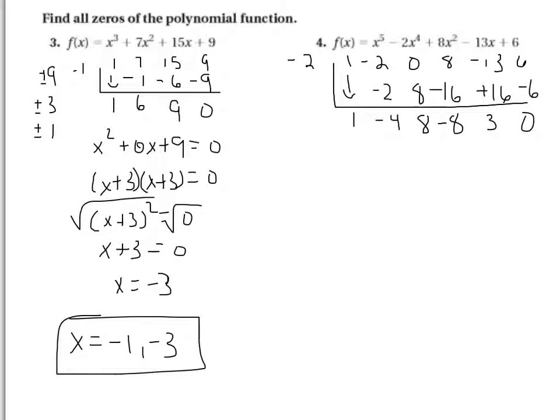So now I have x to the fourth minus 4x to the third plus 8x squared minus 8x plus 3. Okay, well, I can't do grouping, so try to use the graph again. See, was there another 0? Yes, there was. It was at 1, so use 1.